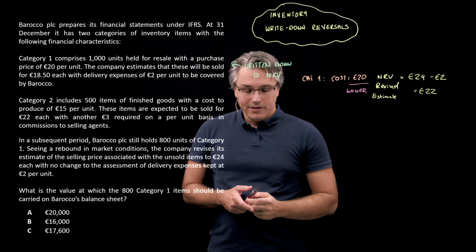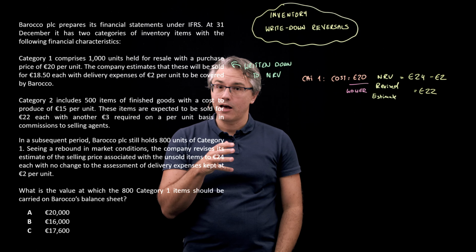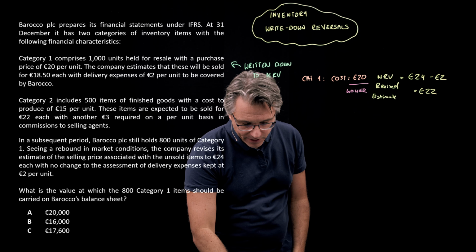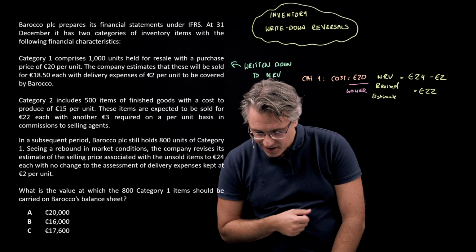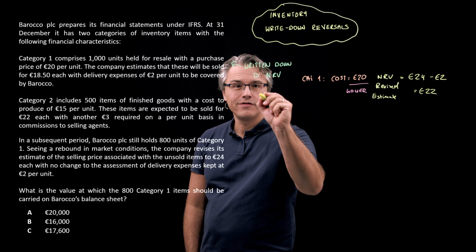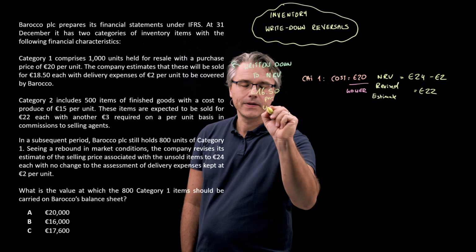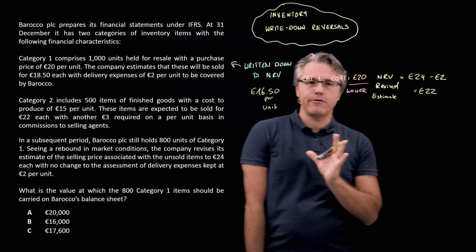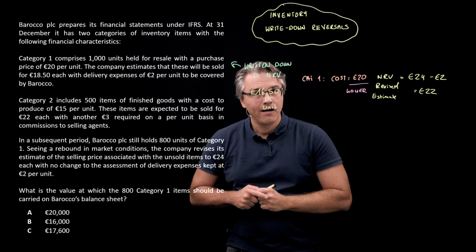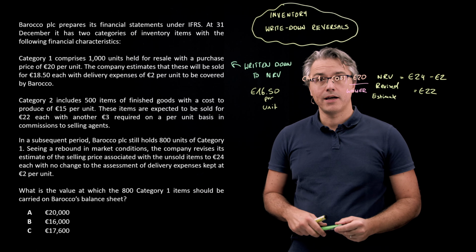However, previously, in the previous question, we had already written down our category 1 inventory items. Let me just check what it was in my notes from the previous video. Well, it was written down to an NRV of 16.5 per unit. And this is where IFRS is different from US GAAP. IFRS is absolutely fine in terms of doing write-down reversals.